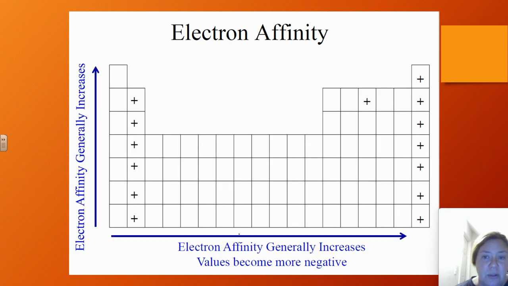Notice here also, the alkaline earth metals typically have a plus charge because they don't exactly want to accept another electron, because that's actually going to weaken them a little bit, because it'll throw an electron in the 3d or 4d, or it'll throw an extra electron in the 2p or 3p. Now notice this lone plus right here.